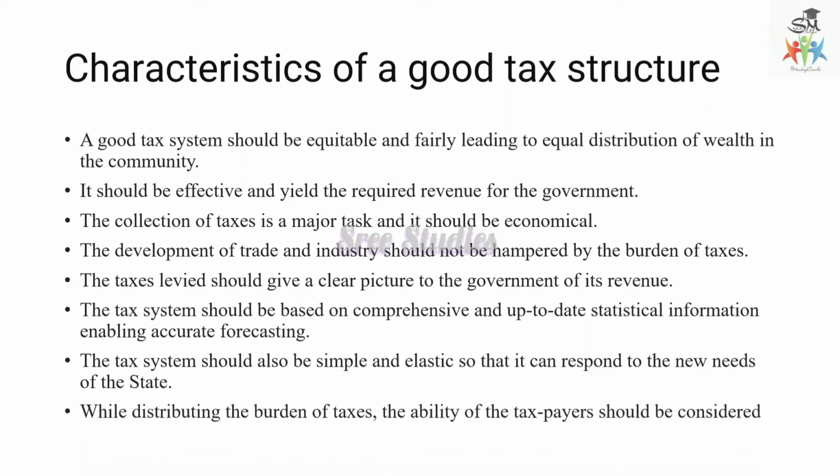The last one: while distributing the burden of taxes, the ability of the taxpayer should be considered. Unlike the British or other rulers, the taxpayers should be satisfied while paying the taxes. These are the good tax structures which are required to implement in any country.